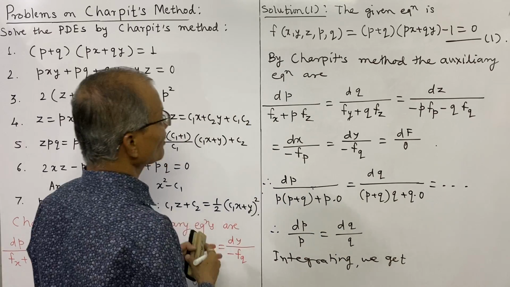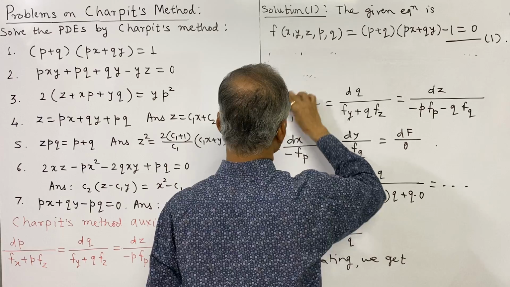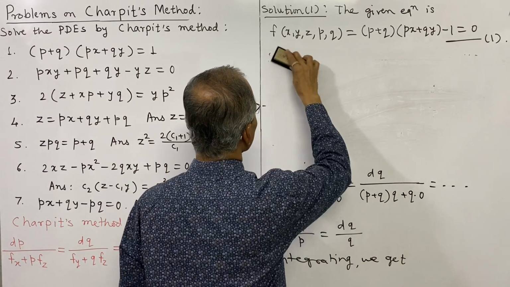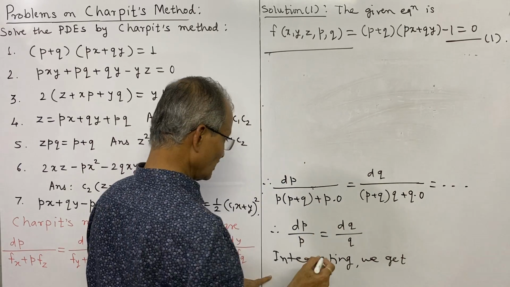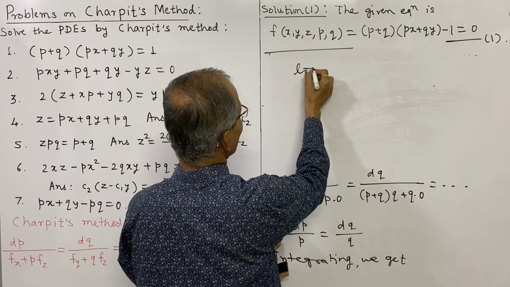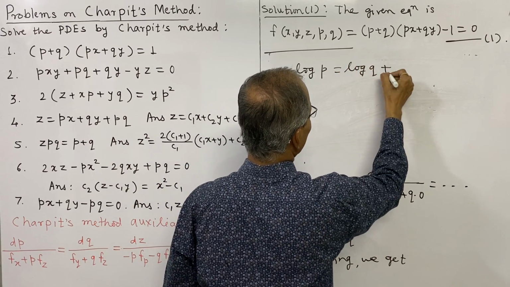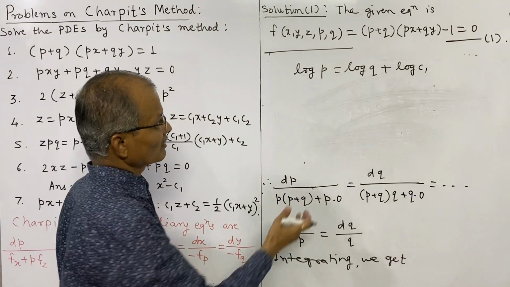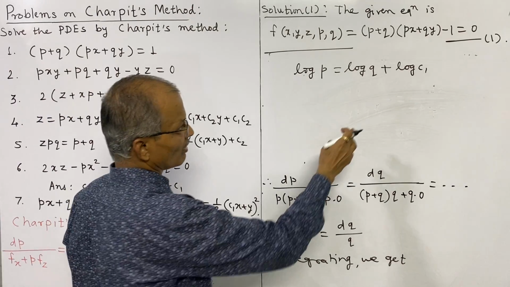So what is the integration of dp by p? Log of p. Integrating we get log p is equal to log q plus a constant log c1, or shifting this term to this side, it becomes log p by q is equal to log c1.